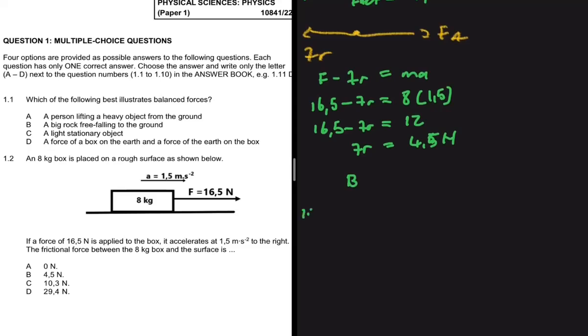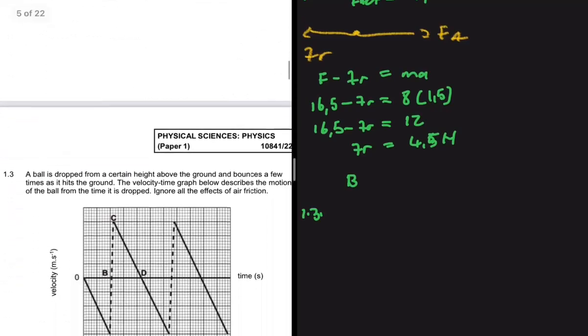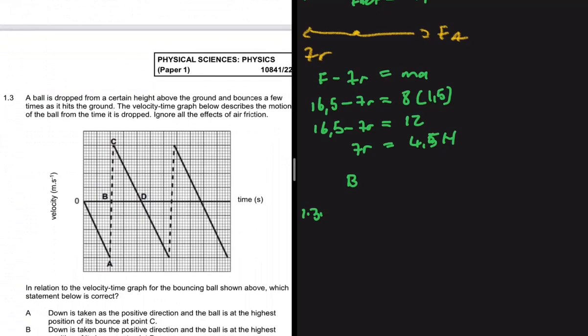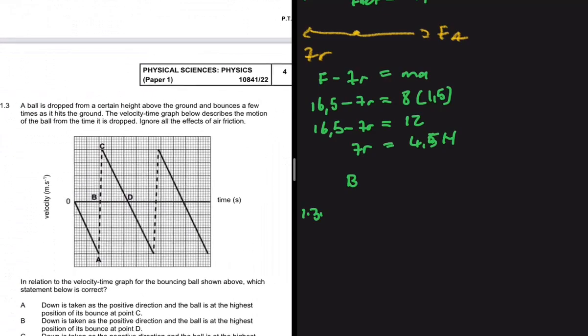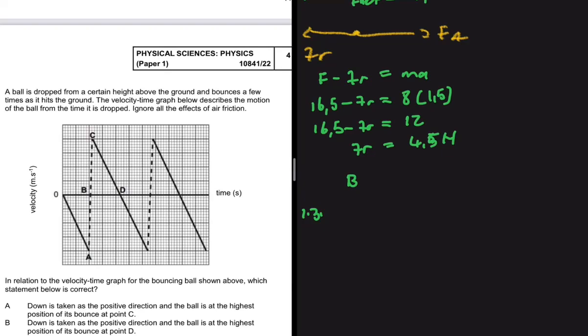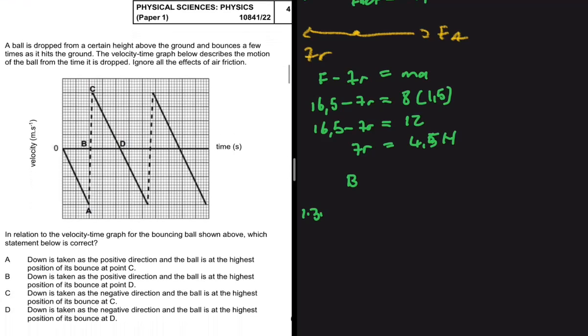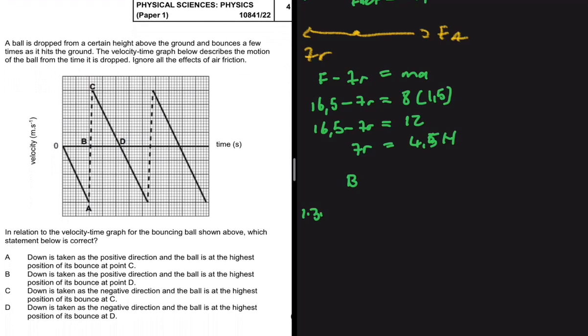Let's move to 1.3. A ball is dropped from a certain height above the ground and bounces a few times as it hits the ground. The velocity time graph below describes the motion of the ball from the time it is dropped. Ignore all the effects of friction. In relation to the velocity time graph for the bouncing ball shown above, which statement below is correct?